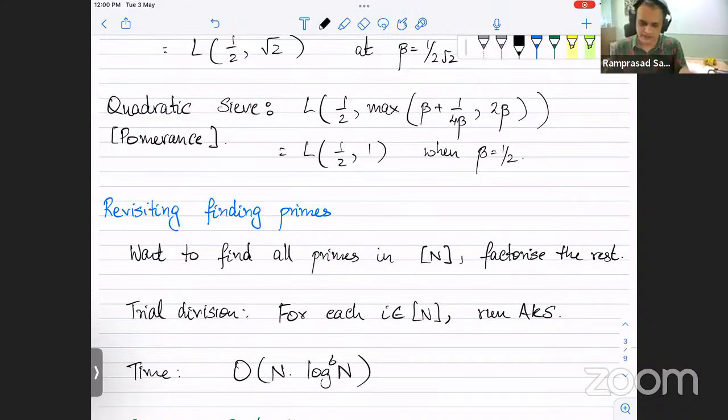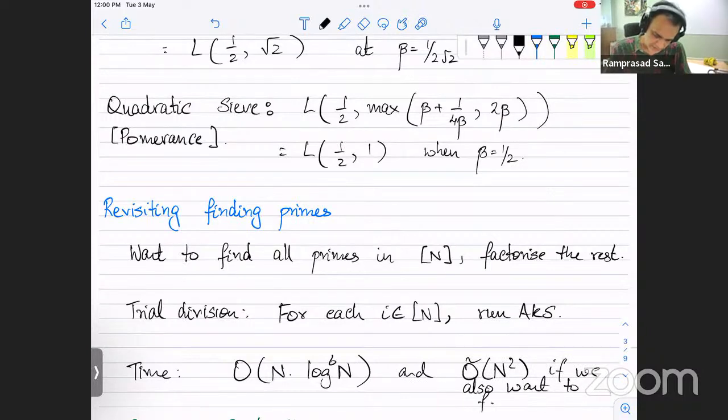So something like O tilde of n squared, if we also want to factorize, just because we're going to try out all possible primes in the range 1 through n against every possible number.